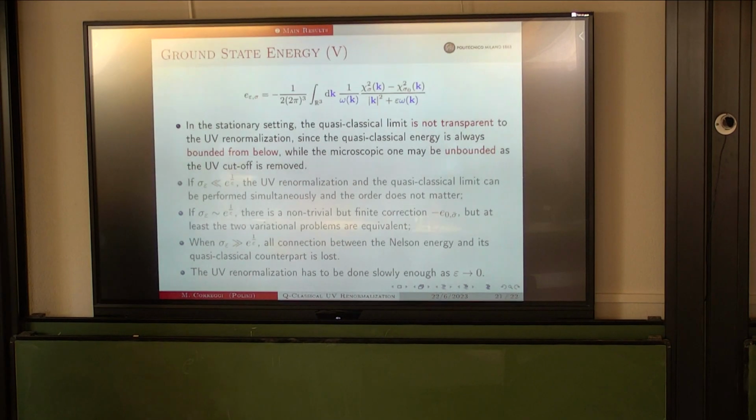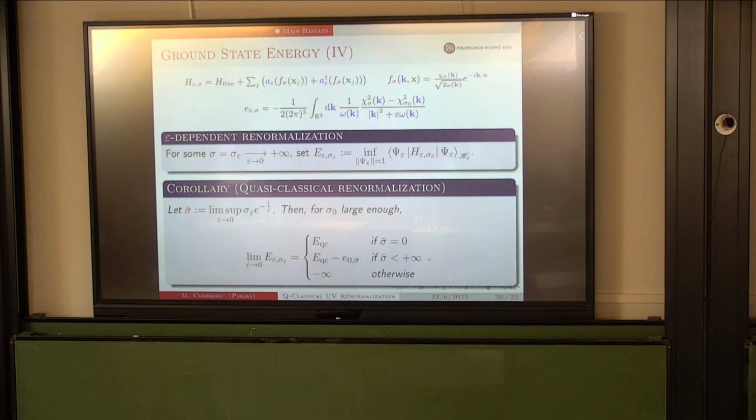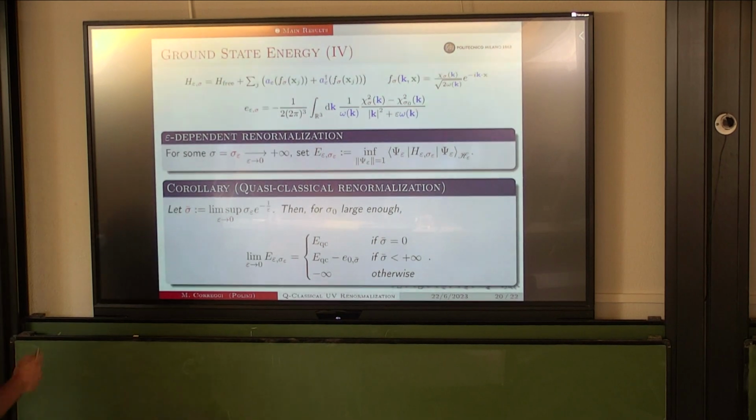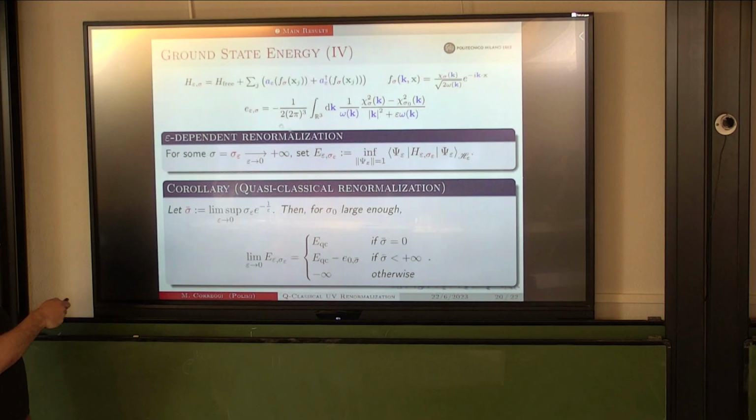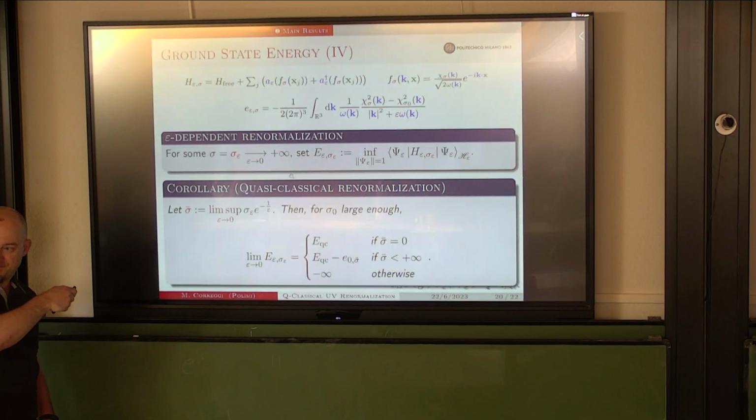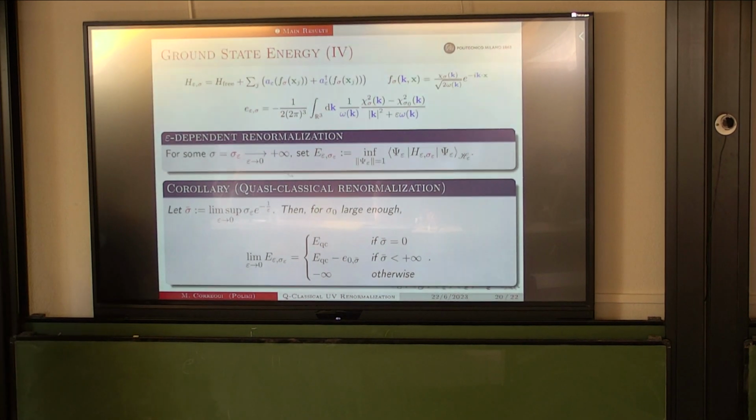Yes. The reason that you can make it epsilon dependent is because of your scaling: the self-energy scales like epsilon. Well, the E epsilon sigma is this, but it gets multiplied by epsilon, and there is the logarithm of the cutoff parameter.